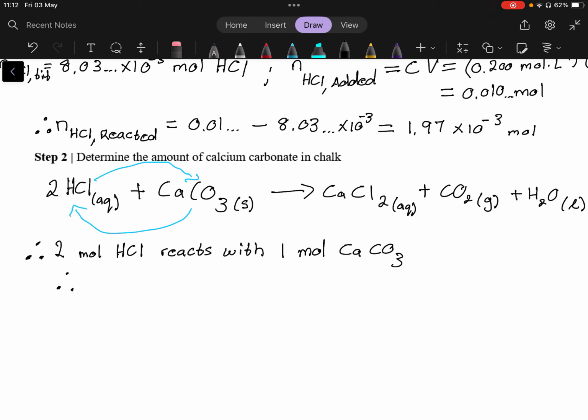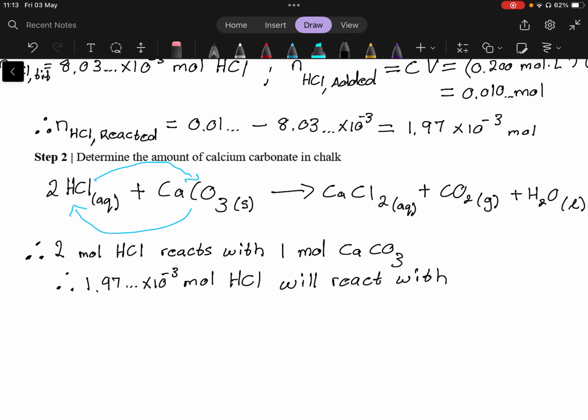Therefore, 1.97 times 10 to the negative 3 mole HCl will react with how much calcium carbonate?